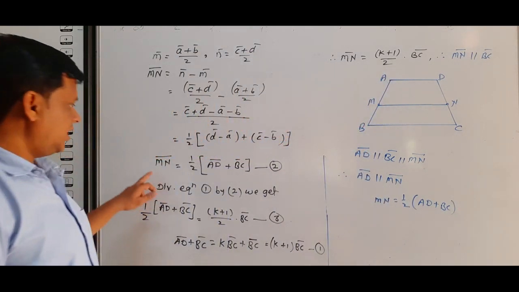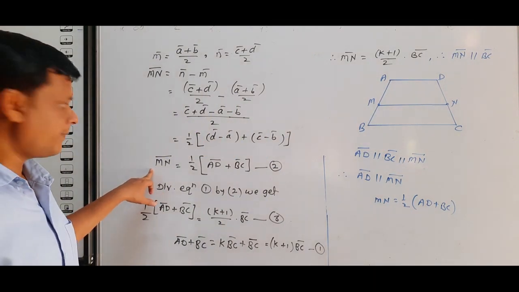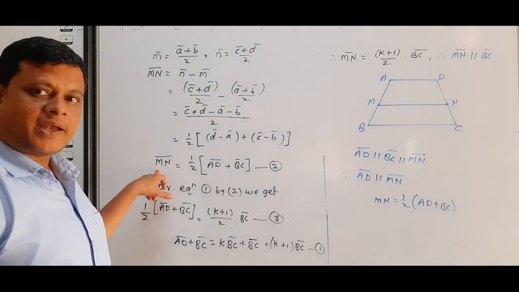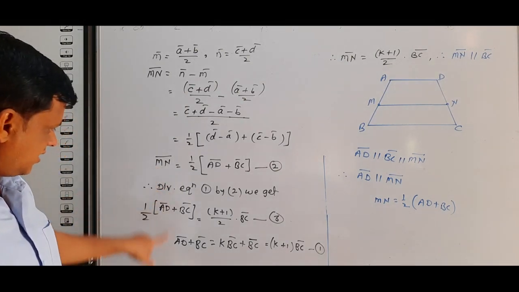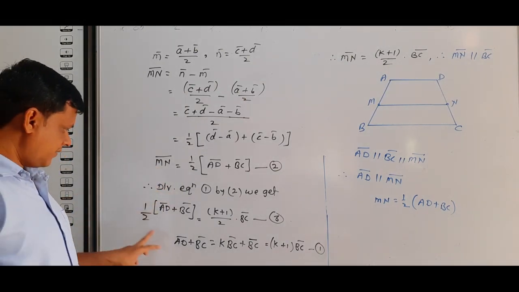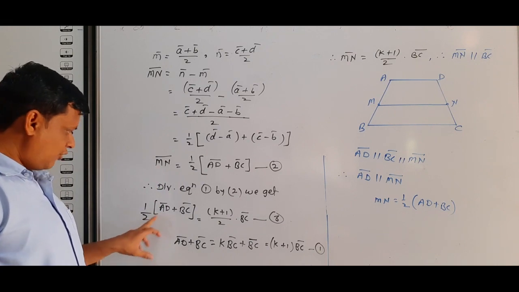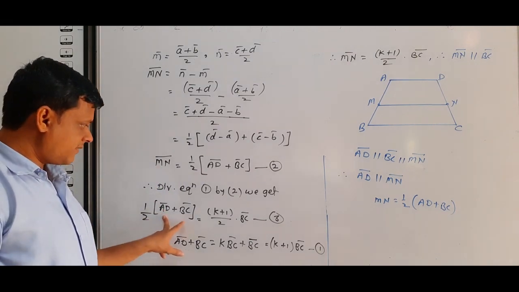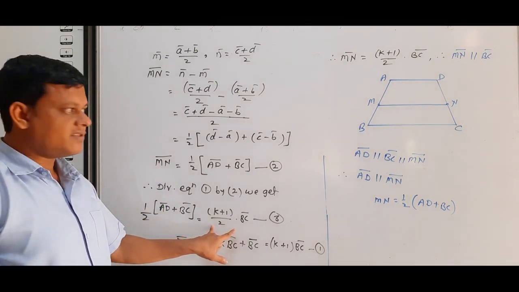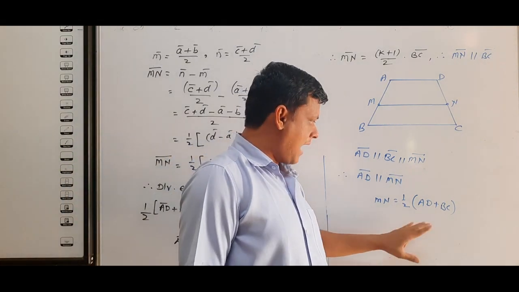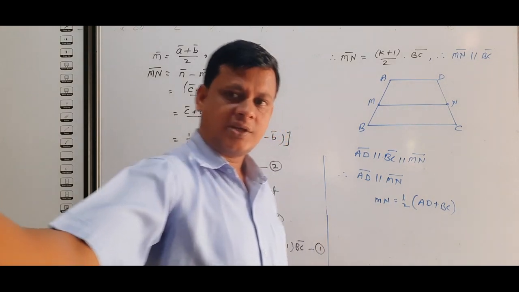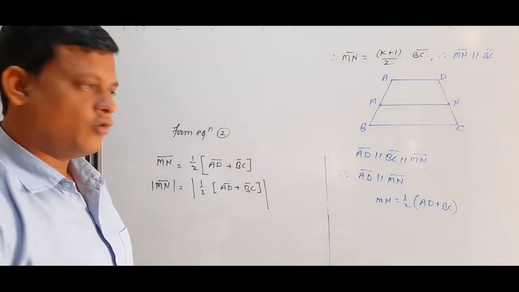So see equation number 2. If we take the magnitude of this, it is nothing but the magnitude of this vector, half of vector AD plus BC. So from this we can say that MN equals half of AD plus BC.